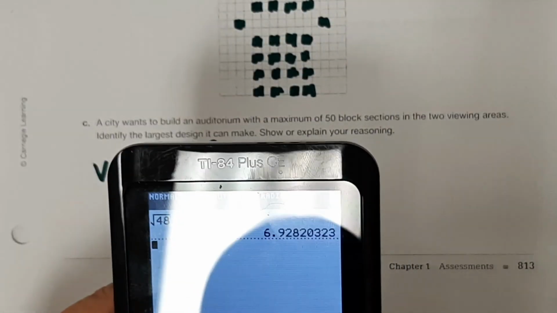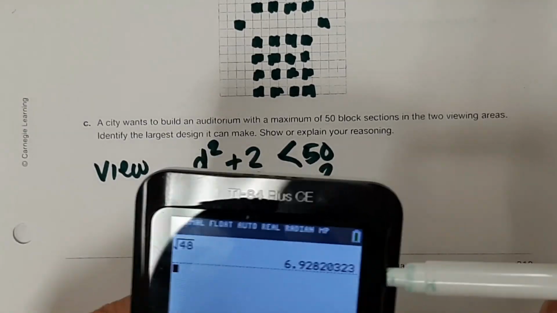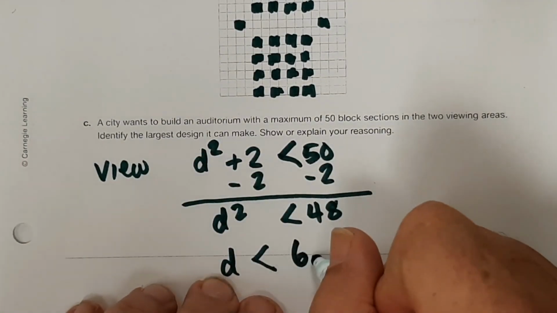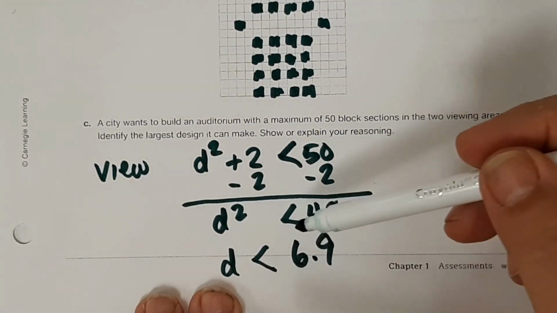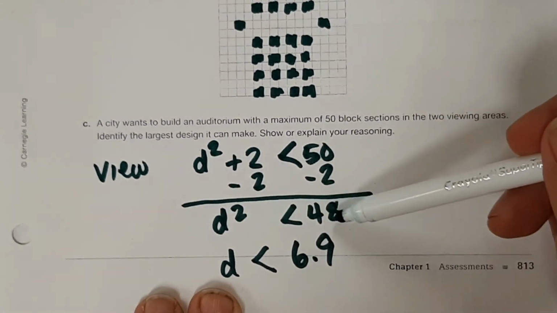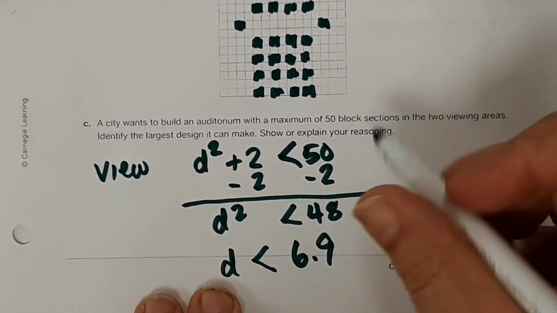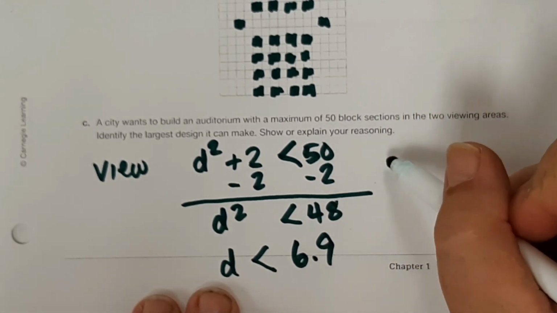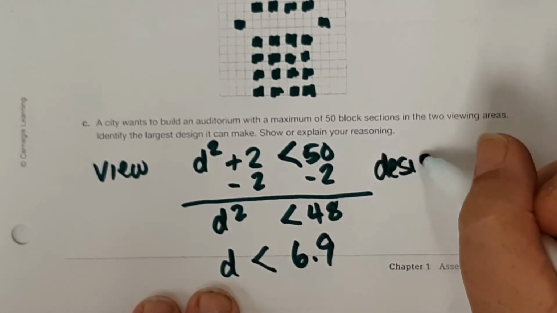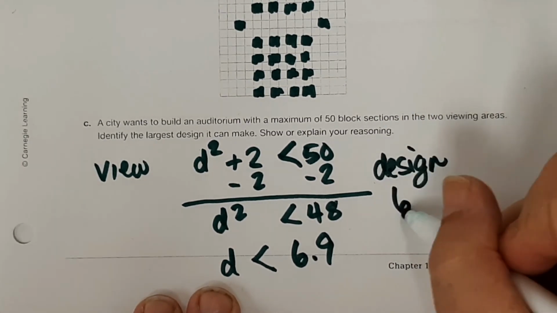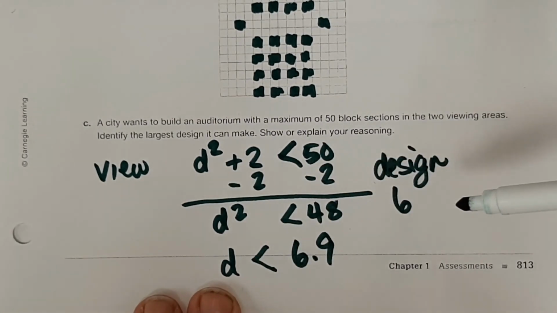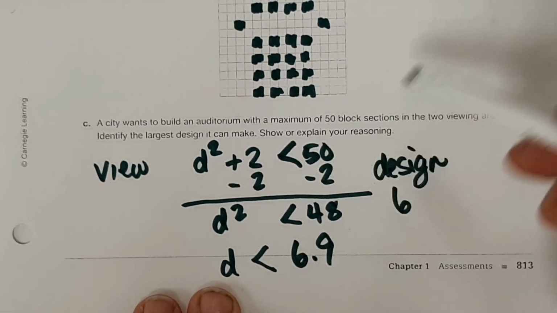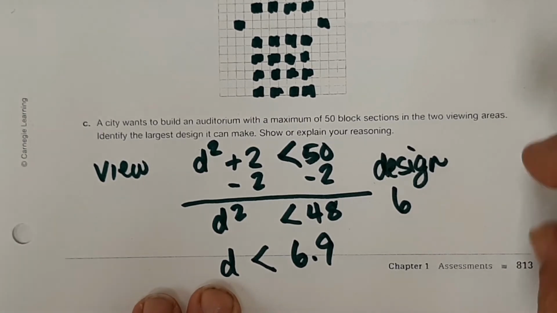And that says 6.9. So it's 6.9, but if I put a 7 in here, it's 49, so it's too high. So basically, it's on design 6, because I can't go up to 7. And so I have to back down to 6 to make this under 50.